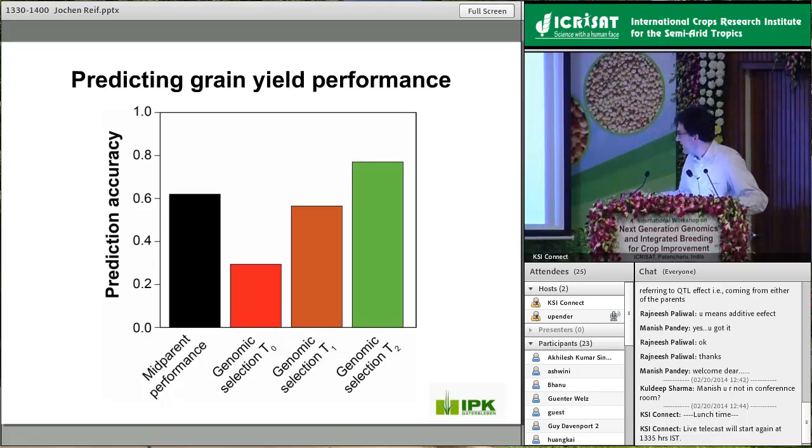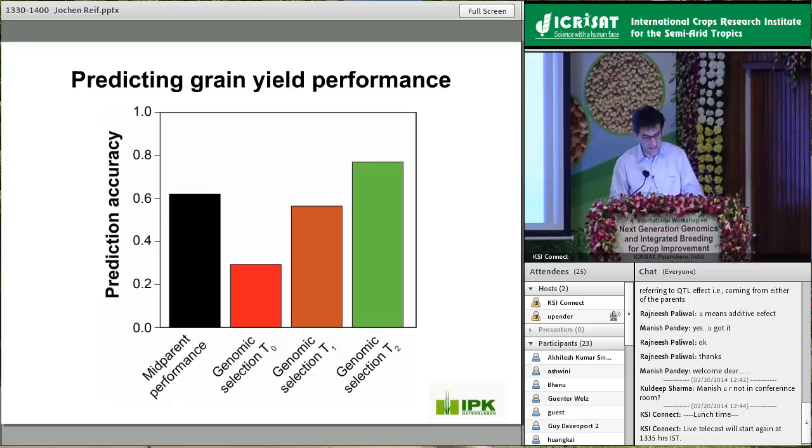If we have one parental line tested in other hybrid combinations, prediction accuracy increases, which is visible here in this orange bar, and we nearly reach the prediction accuracy of the midpoint performance. And with the T2 scenario for hybrid prediction, we could beat the midpoint performance value and do a better job applying genomic selection instead of using midpoint prediction.